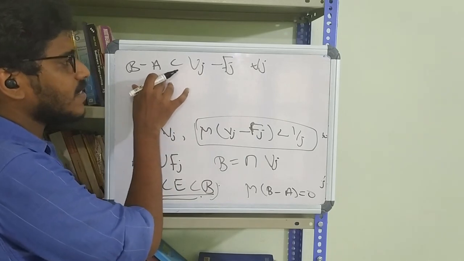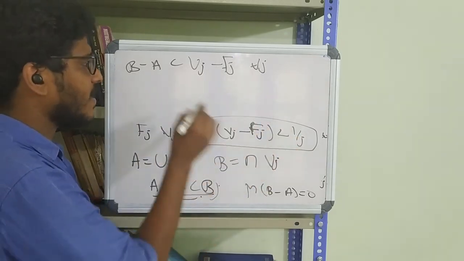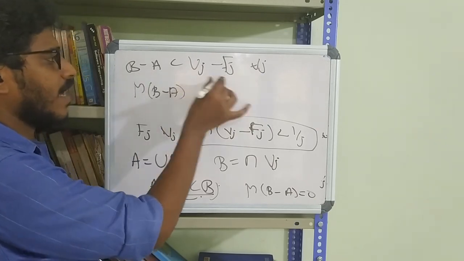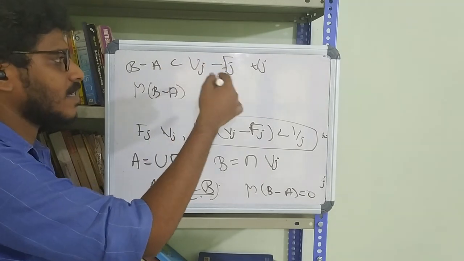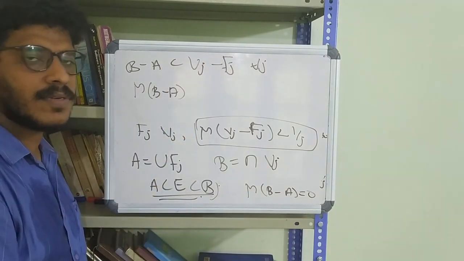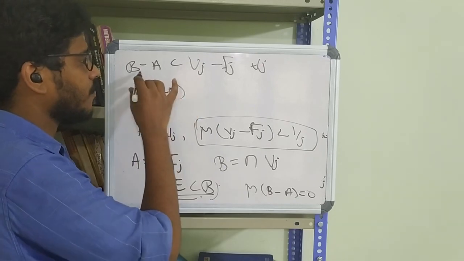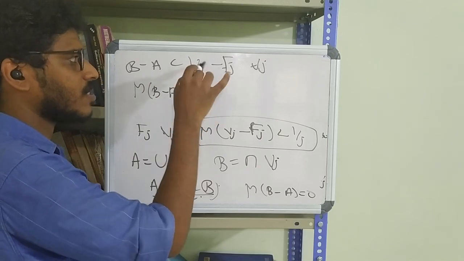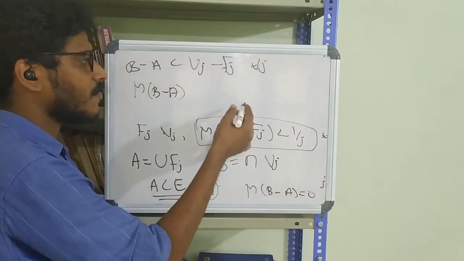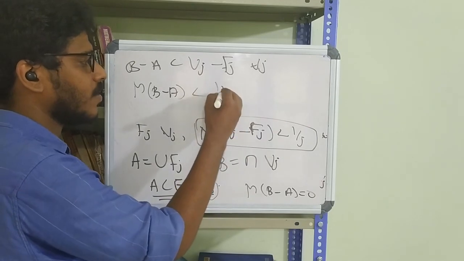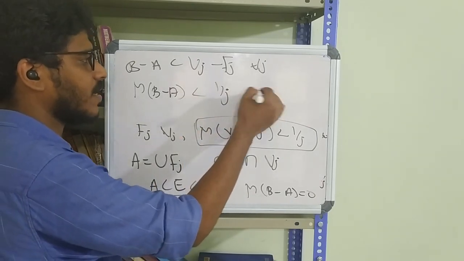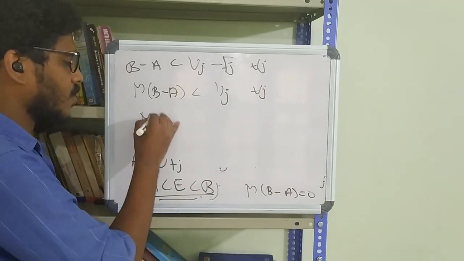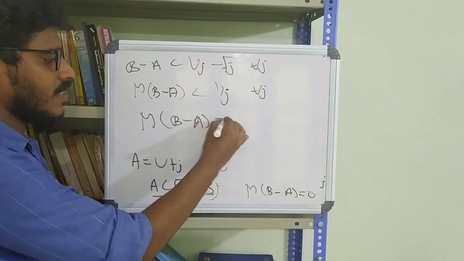So if something is less than 1 by J for every J, we have the property of measures: if A is contained in B, then measure of A will be less than or equal to measure of B. So if B minus A is contained in Vj minus Fj for every J, measure of B minus A will be less than or equal to measure of Vj minus Fj for every J, and the measure of Vj minus Fj is less than 1 by J. So the measure of B minus A is less than 1 by J for every J, and this means measure of B minus A is 0.